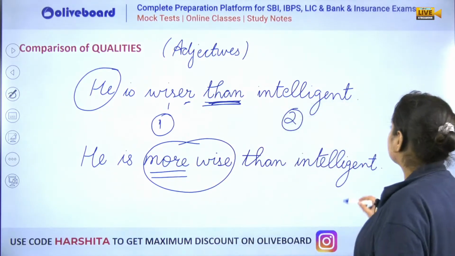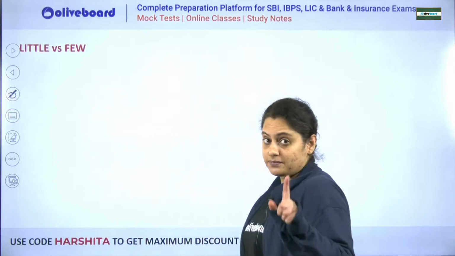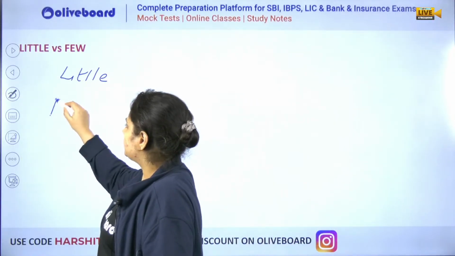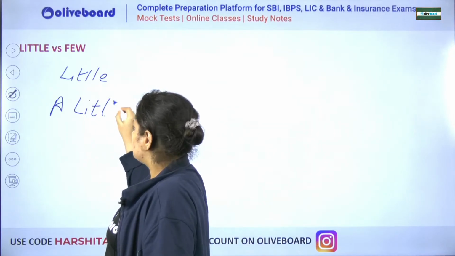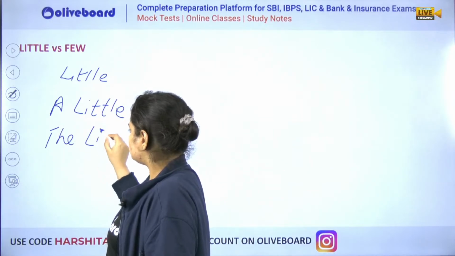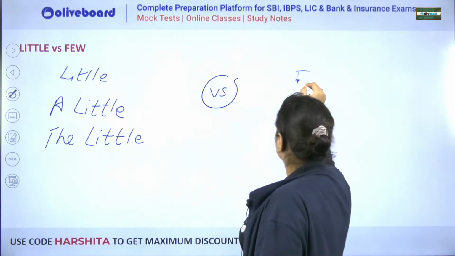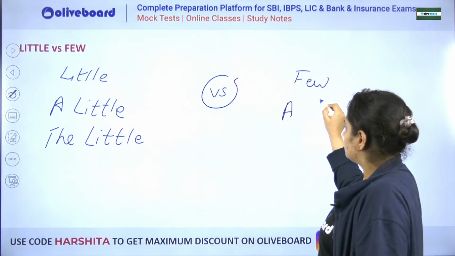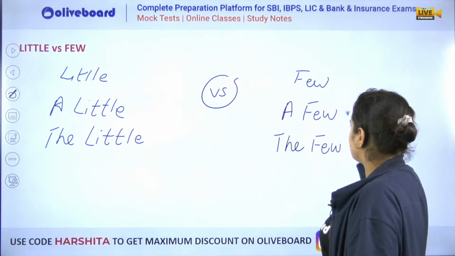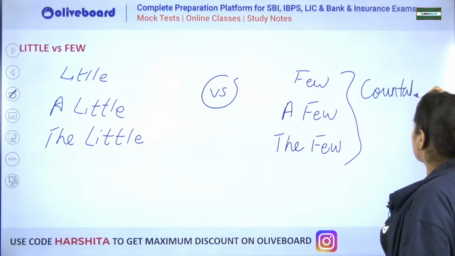Okay, this is one. Chalo, next one, little versus few. Everybody should know this. Whether I talk about little, a little, or the little, versus few, a few, the few. Please understand guys, these three are for countable nouns, जिसको आप गिन सकते हो.